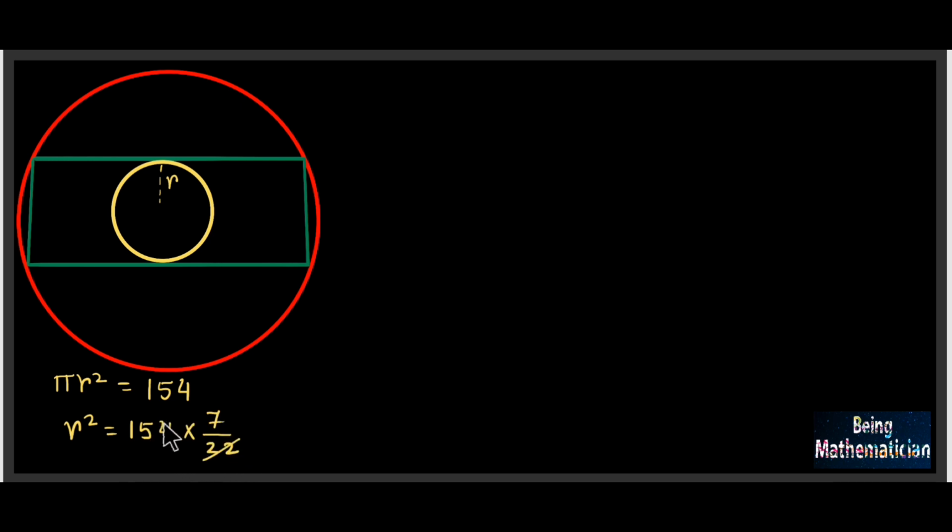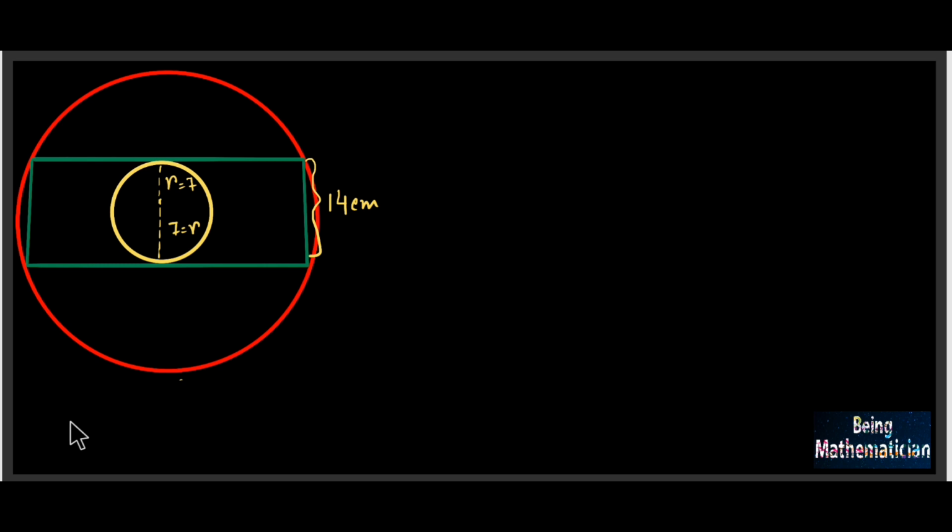And now it is 7. Therefore r must be 7 centimeter. And clearly we observe that the diameter of the yellow circle, means the smaller circle, is the breadth of the rectangle. So it is 7, it is 7. So the breadth of the rectangle must be 14 centimeter.